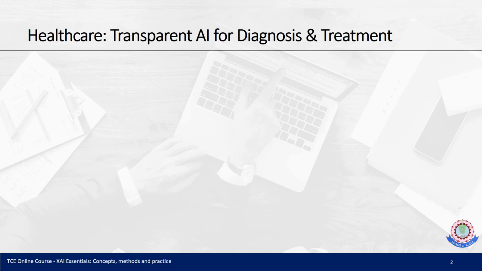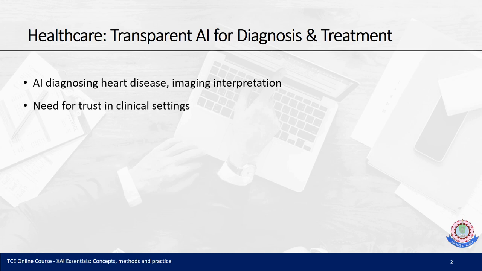Imagine an AI system predicting the risk of cardiovascular disease from a patient health record or medical image. A prediction alone, "high risk," is not enough. Is it enough for a doctor to confirm that this patient is high risk?